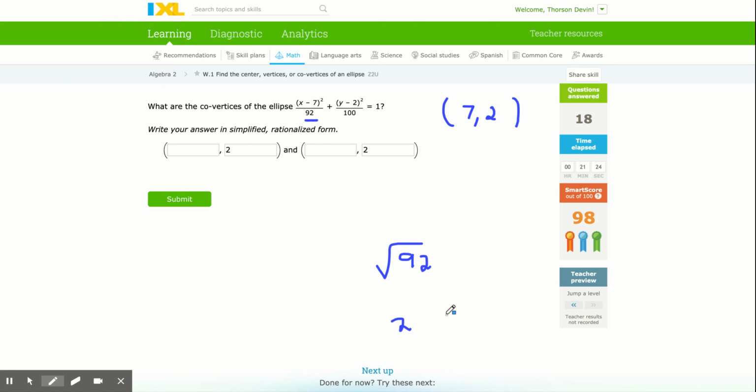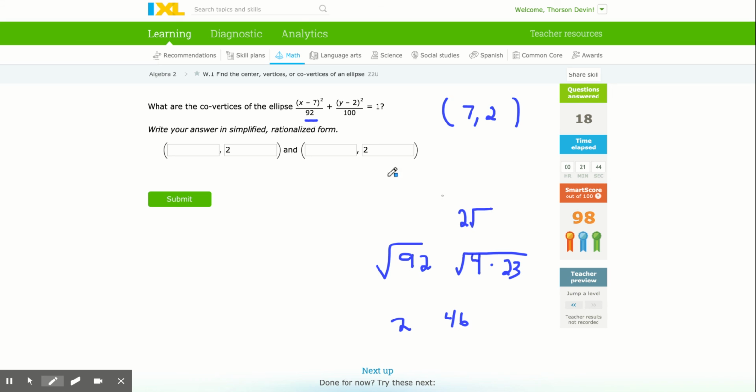2 goes into 92 46 times. So that means 4 goes into it. So that's 4 times 23. So the square root of 4 times 23, I can square root the 4 to a 2.